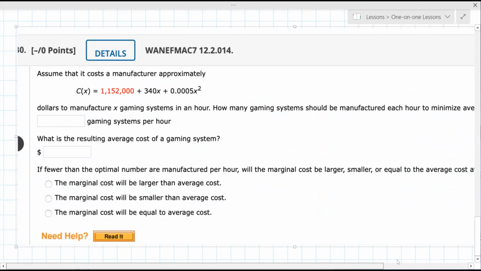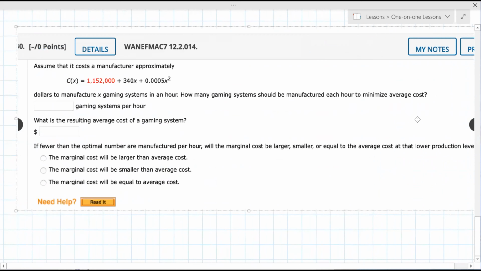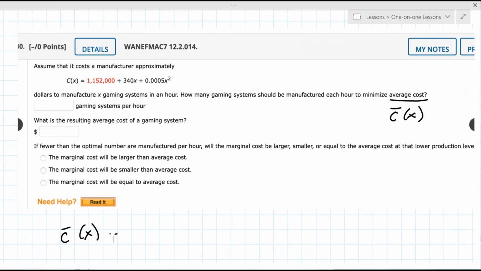It seems like we did this the other night, but maybe it was just a similar problem. First one's asking about average cost. So average cost is C bar of X. Oh wait, we did do this. Yes. Okay, we can skip it. Sorry, I must have just accidentally skipped. No problem. I'll find the next one here to do.